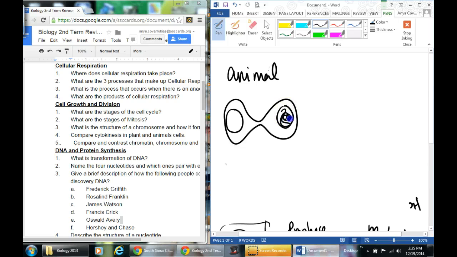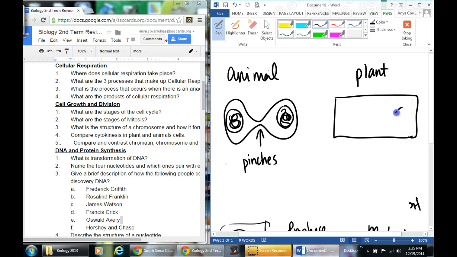So here's our DNA here, and so it kind of pinches. And in a plant cell, what happens is we have the two nuclei go on each side, and a plate drops in. So a pinch and a plate. That's the difference between cytokinesis in plant cells and in animal cells.